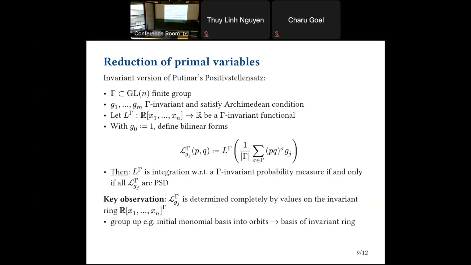then we want to characterize these linear functionals that are in this case also just invariant under the action of the group.